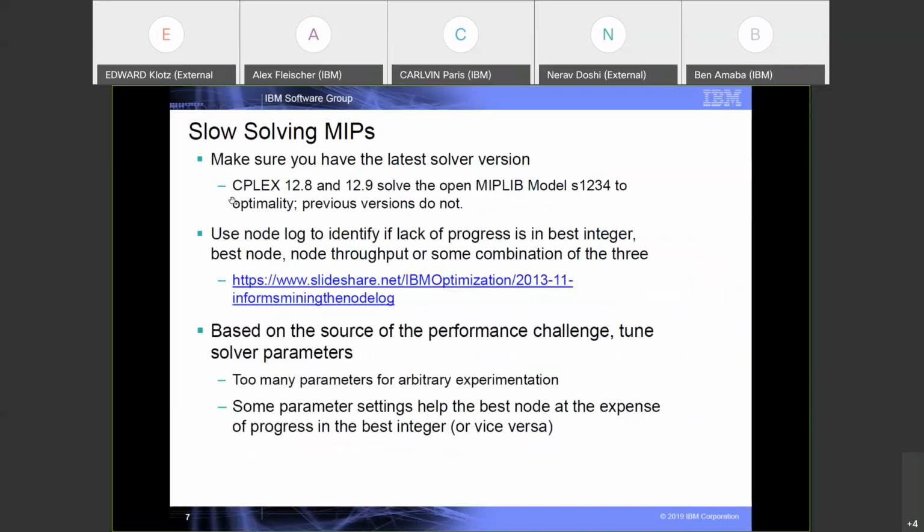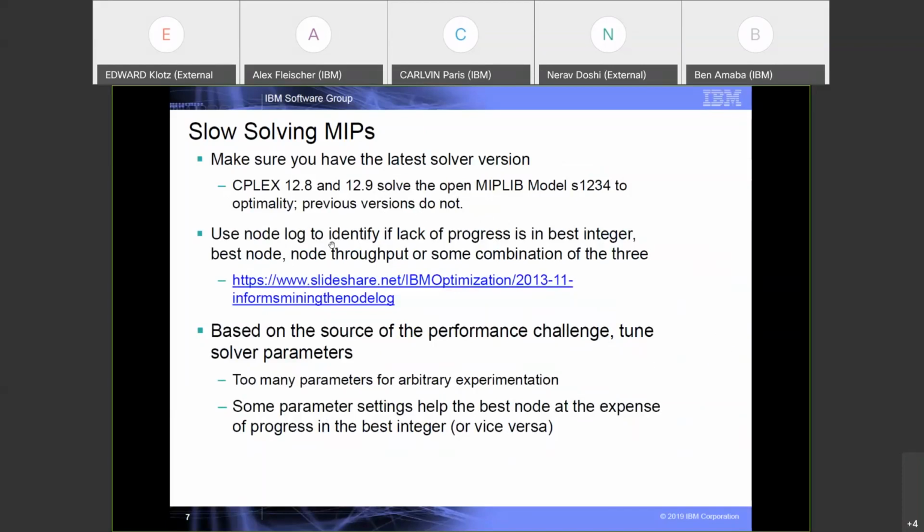Okay, so let's build up a list of what to do when your problem is not solving as quickly as possible. First, before you start to think about tuning, make sure you have the latest solver version. Each new version has more capabilities than the last and has a tendency to thin the herd of the hard models out there.